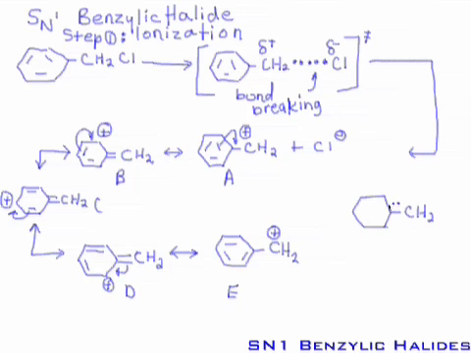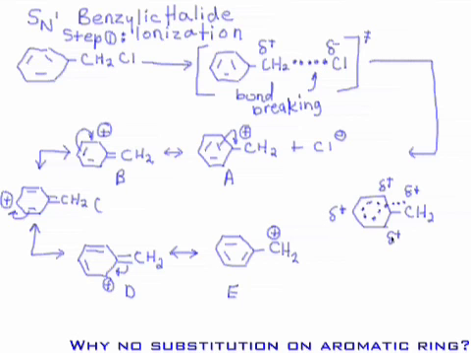But in this case, we have delocalization spreading these pi electrons over all the carbons. So you end up with a delta plus here, a delta plus here, a delta plus here, a delta plus here. If you look at this, this suggests that you could get nucleophilic attack at any of the positions.